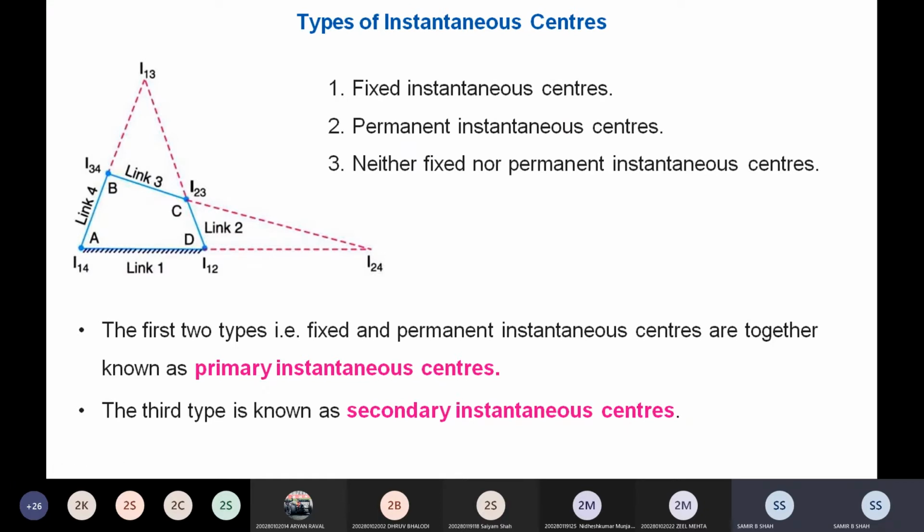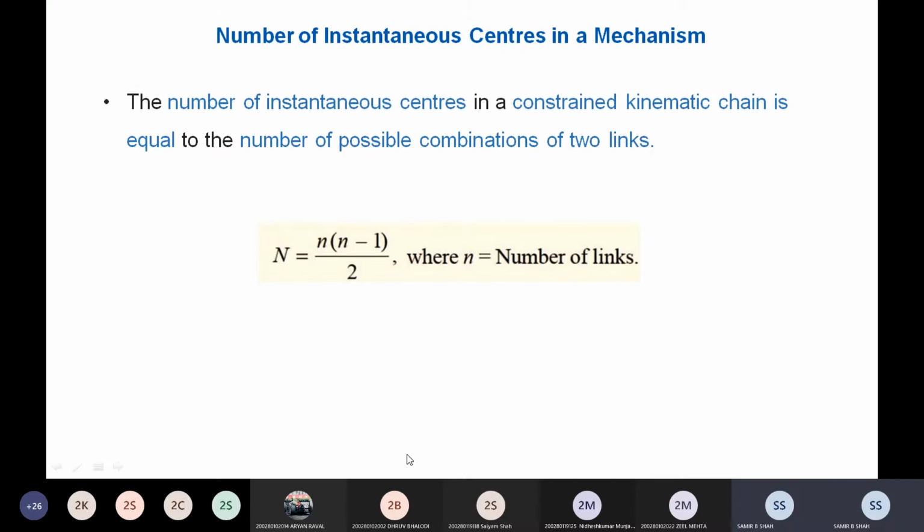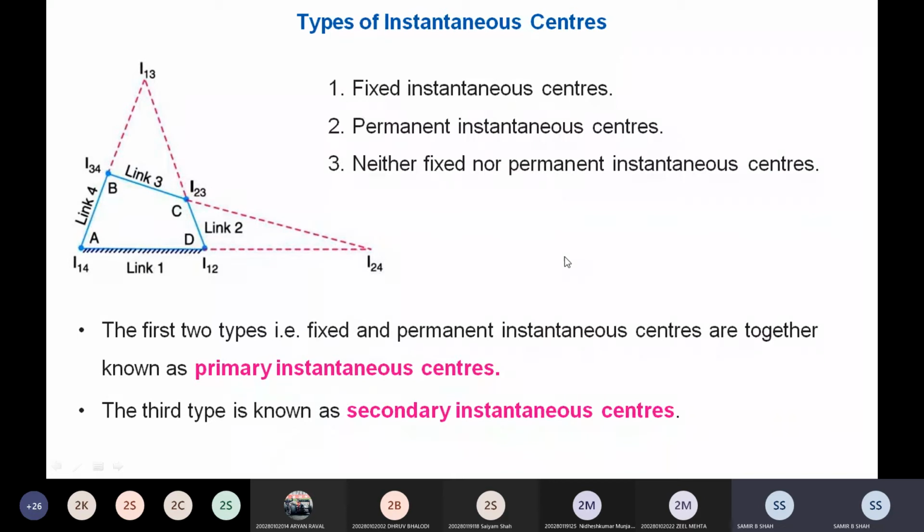As I discussed previously in this equation, if there is a four-bar chain mechanism and the number of links is 4, then I get 6 I centers. So I can now count one by one: 1, 2, 3, 4, 5, and 6. Okay, these are the 6 I centers.